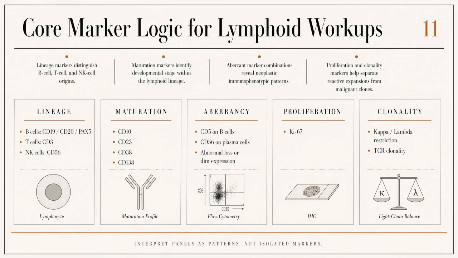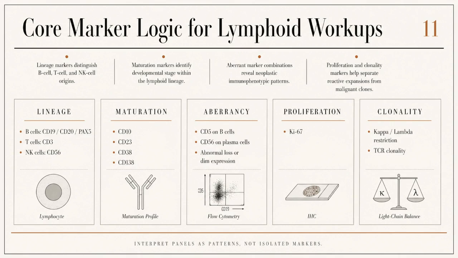Finally, clonality markers confirm the neoplastic nature of the lymphoid proliferation. Demonstrating light chain restriction in B cells or T cell receptor gene rearrangements in T cells distinguishes clonal expansions from reactive processes. Molecular and cytogenetic testing complement immunophenotyping by providing definitive evidence of clonality, which is especially valuable in diagnostically challenging cases.